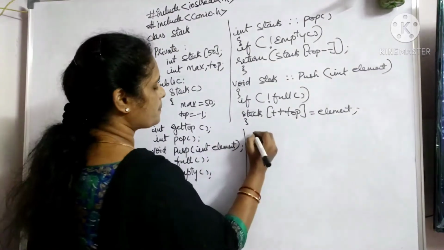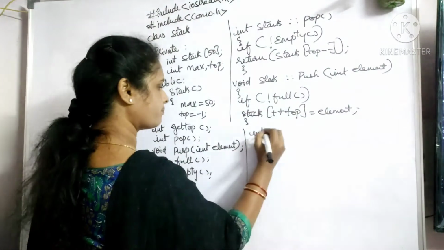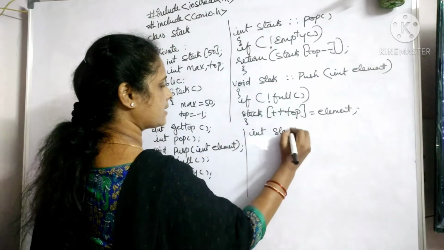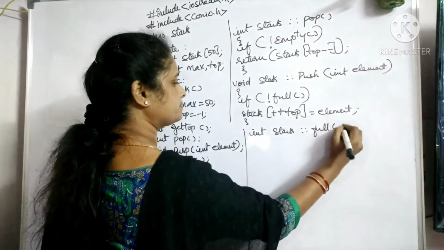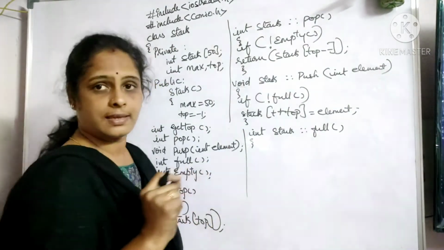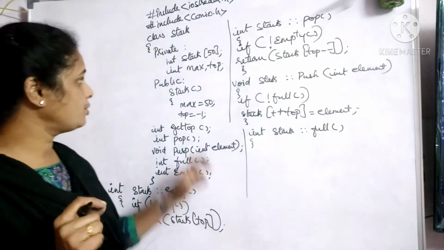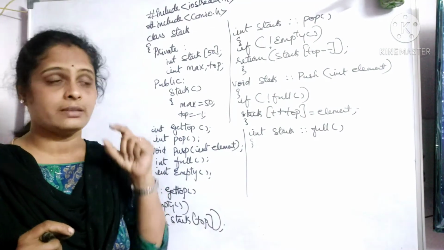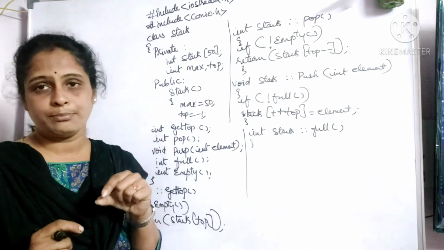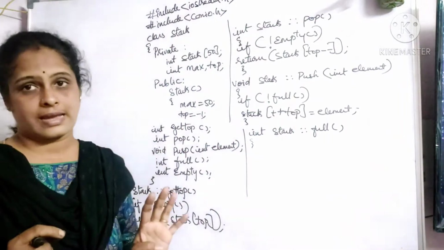So int stack full. Now when do I say that the stack is full? I told you already that when top reaches the max minus 1 position, then I say that the stack is full.